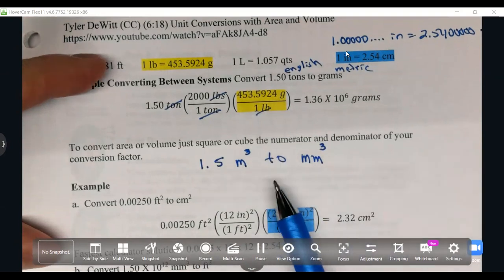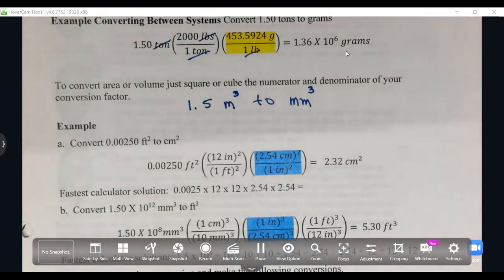I can still use my same chart, my exact same chart. And that chart, by the way, is on top of your green sheet.